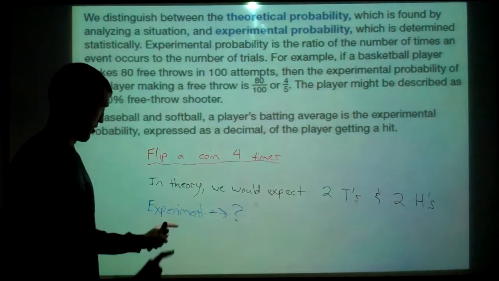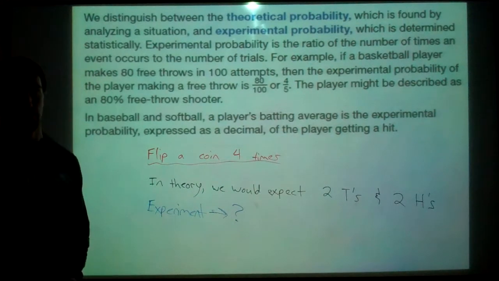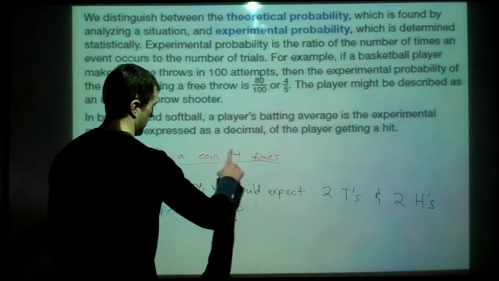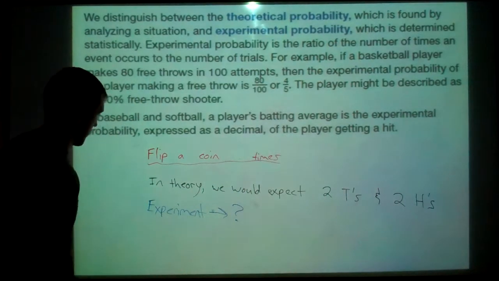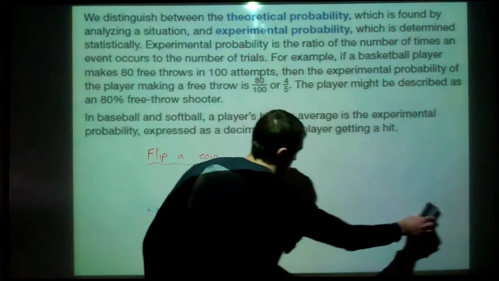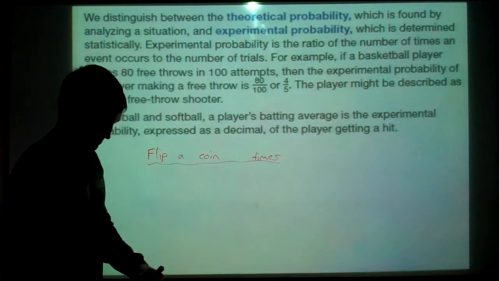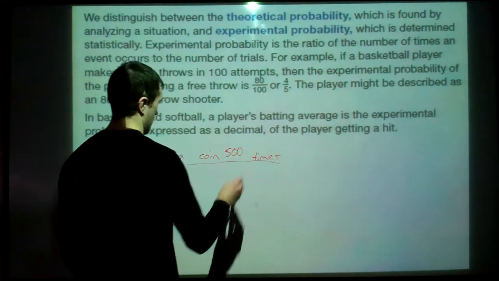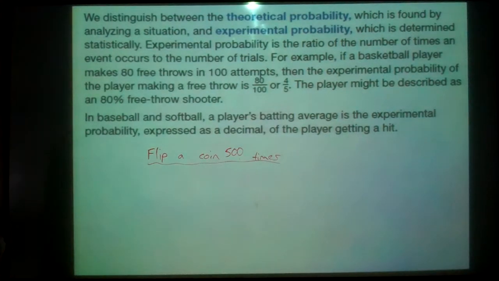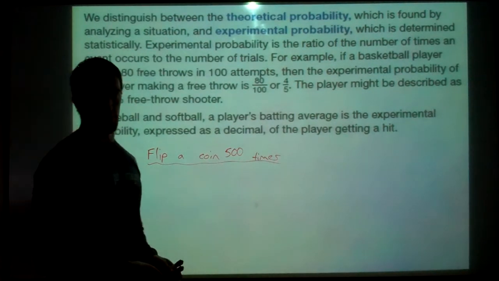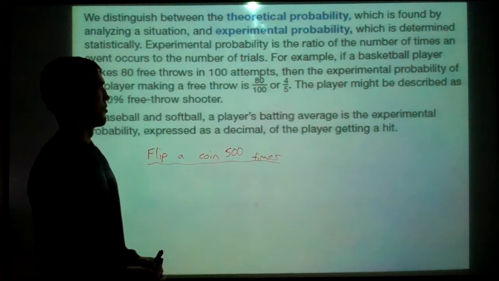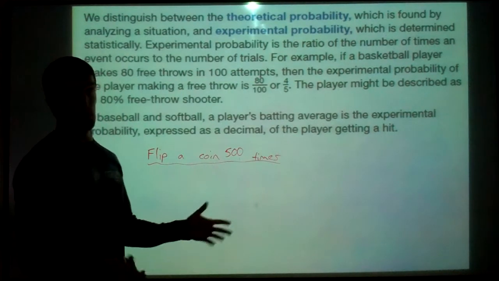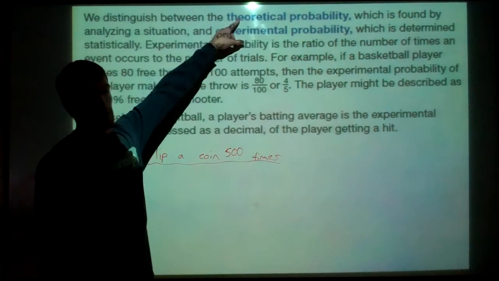Now the thing about experimental probability, let's say we increase this to a bigger number. Let's say we flip the coin 500 times. Okay? The more trials that we have in an experiment, the closer we're going to get to a theoretical probability.